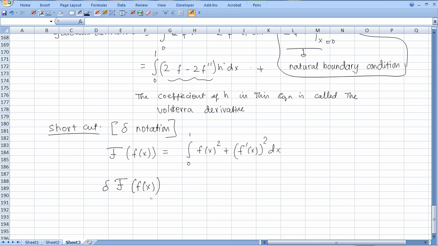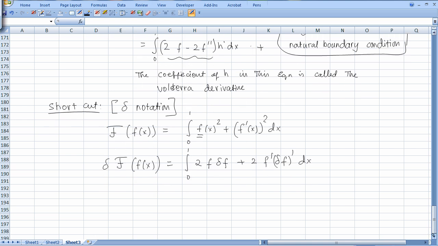That is, if I change this internal thing f of x by a little bit, what will happen? Well, I'm going to do like a Taylor series expansion. So this will become 2f delta f plus 2f prime delta f prime. This is what I would do if it is an ordinary function. You know what I mean? Now what I'm going to do is integrate by parts.